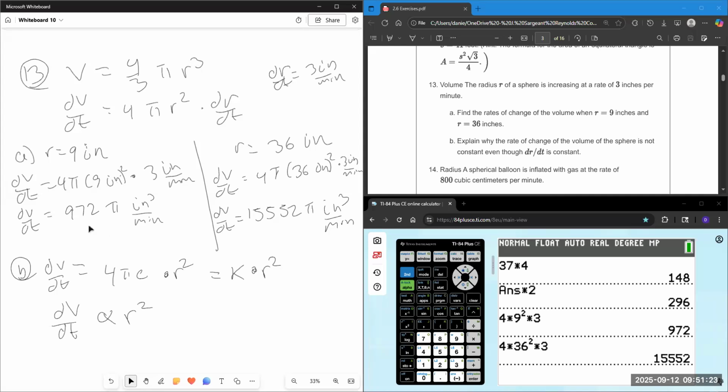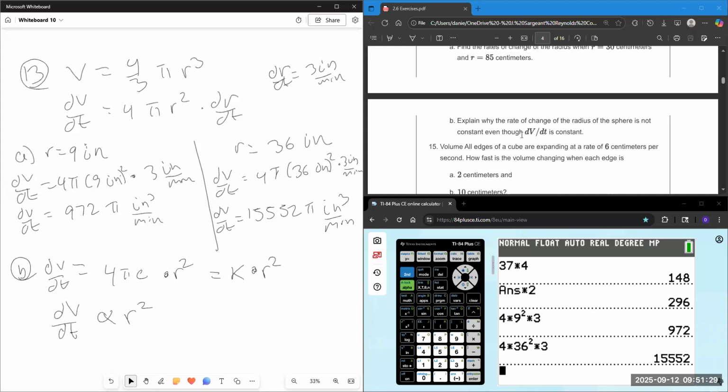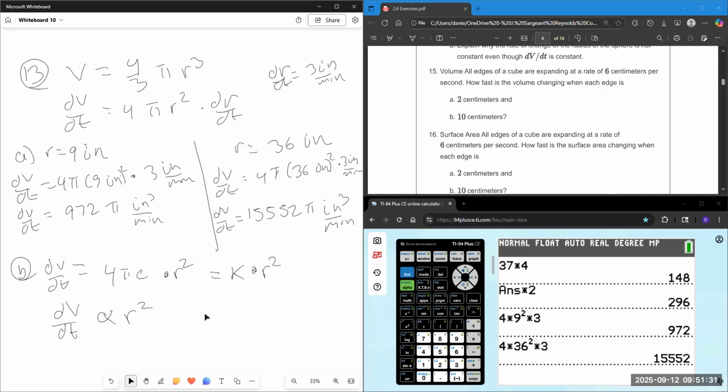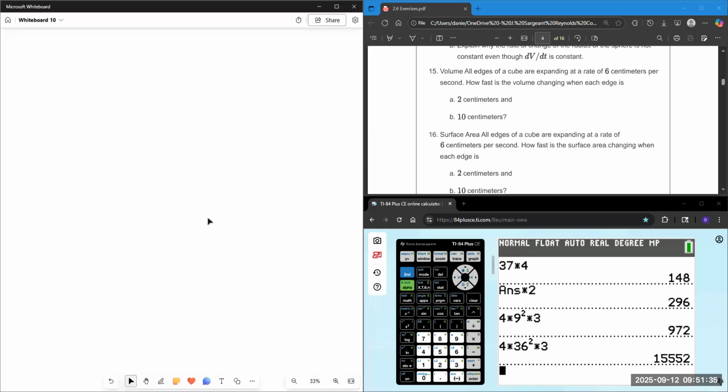All right, let's look now at the next problem, which is 15. And it's also about volume. It's volume of a cube. So volume of a cube, we're going to call side cubed.